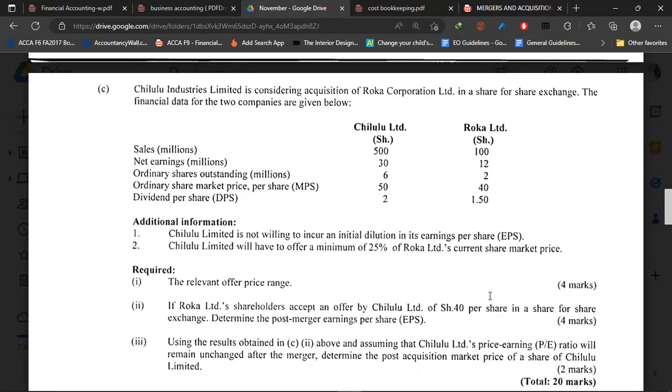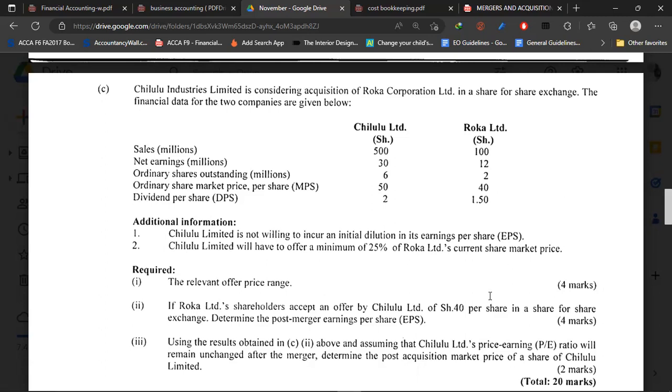Now, if I can get the non-dilution price, then I will look at the minimum, because we have been told the minimum offer price should be 25%, but 25% of what? We have been told the minimum accepted offer should be 25% of Roca Limited's current share market price.